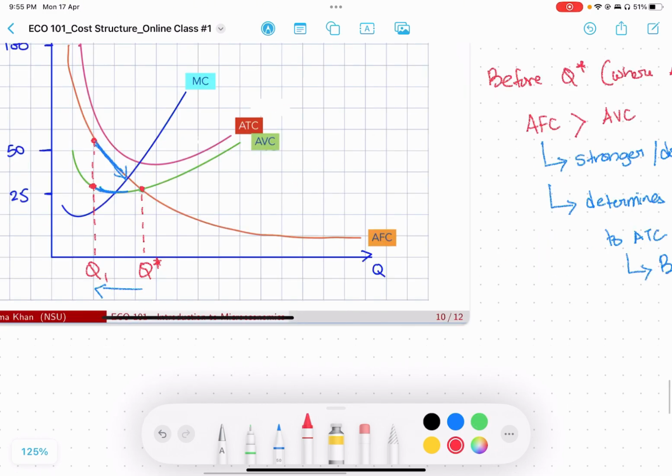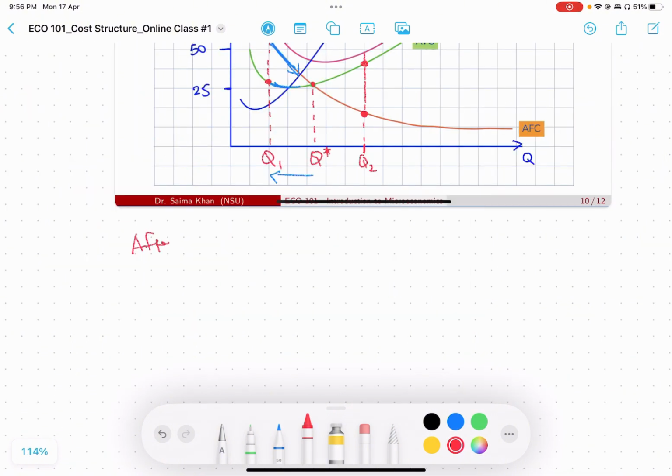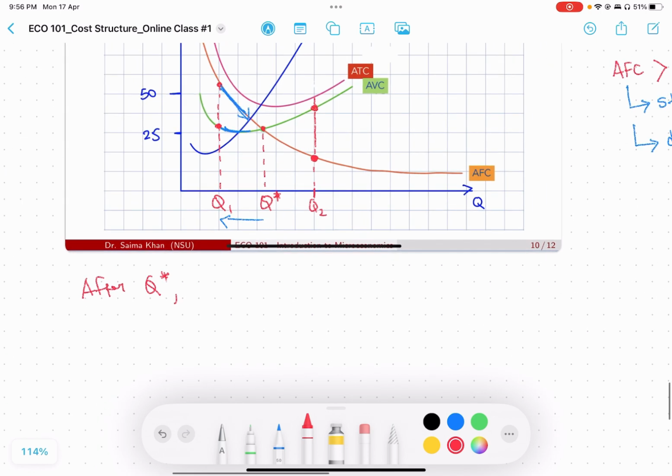Okay? So let's look at what is happening after Q star. After Q star, let's call it Q2, around here, what do we see happening? Fixed cost is down here, but average variable cost is up here, right? After Q star, average variable cost is bigger than the average fixed cost.